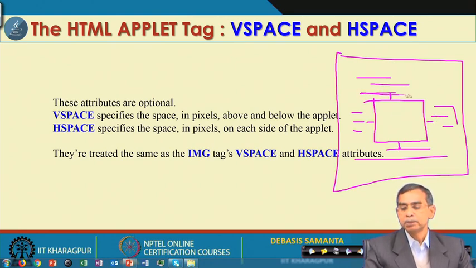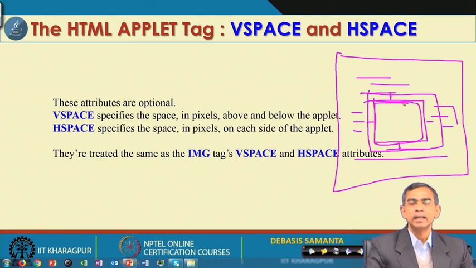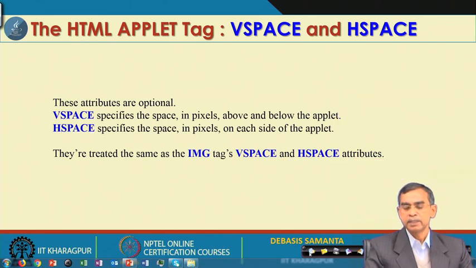Other than the applet area, the applet view, the width and height, it is basically how much space you want to leave. Sometimes it is used for a good impression and an artistic presentation of the applets, which can be controlled in HTML using these V space and H space commands.